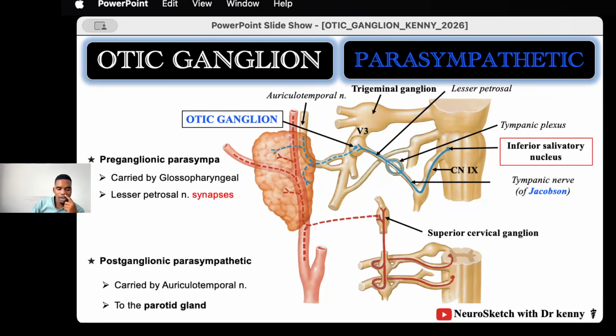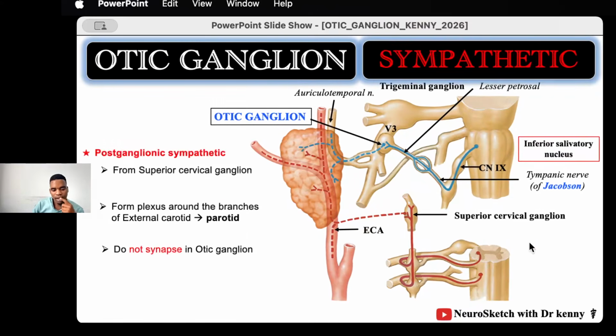That's going to be your parasympathetic contribution. What about the sympathetic contribution? Remember, we said sympathetic is thoracolumbar. There is no sympathetic within the head. So if you need sympathetic within the head, you need to bring it from the cervical region, actually through the superior cervical ganglion.